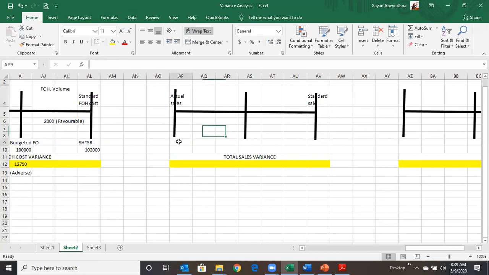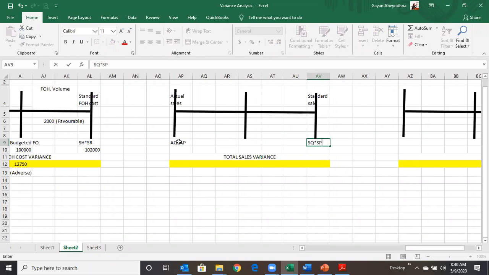The actual sales value can be calculated by actual quantity multiplying actual price per unit. The standard sales income can be calculated by multiplying standard selling price into standard quantity or budgeted quantity.